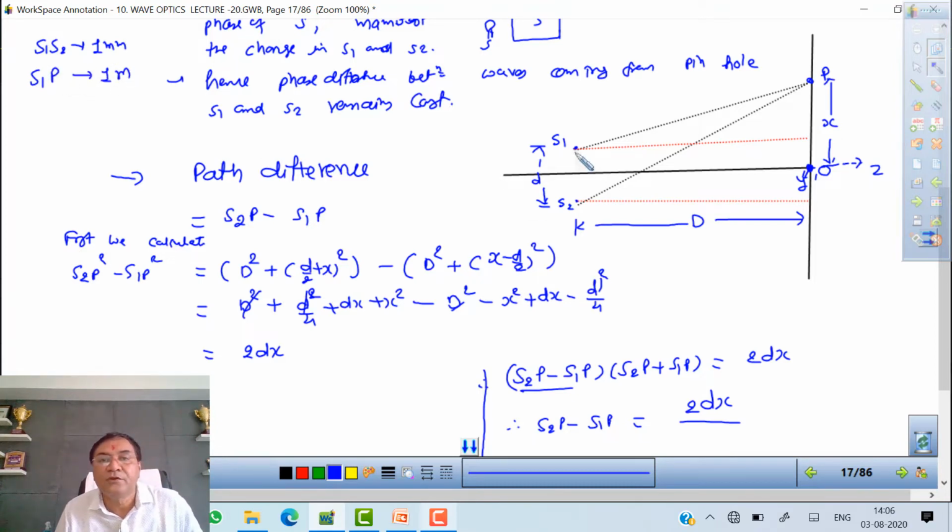So if it is measured from S1 or from S2, the meaning is almost the same. If I measure the distance to P from here or from here, there will be no big change. So I take D plus D. This is also D, this is also D. If you do it exactly it would be different, but it will not give a big error. So we take 2dx upon 2D, 2 is cancelled. So xd upon D is your path difference.